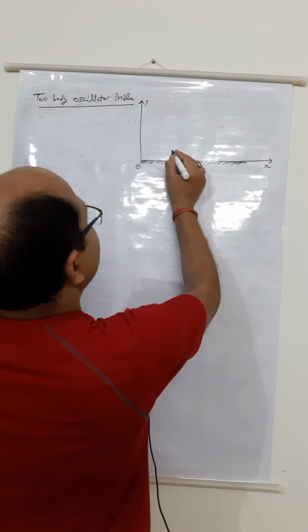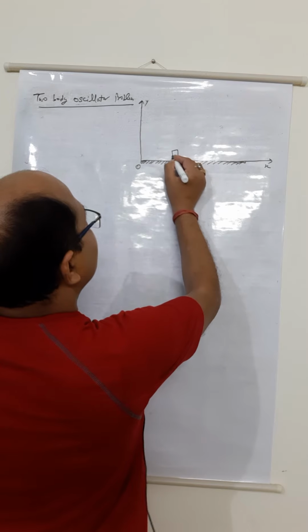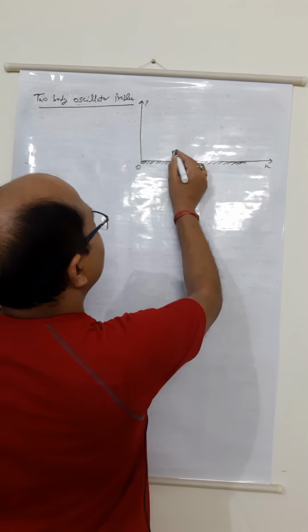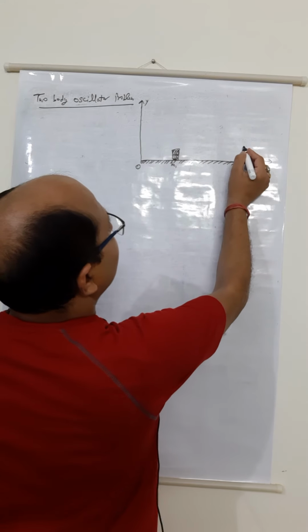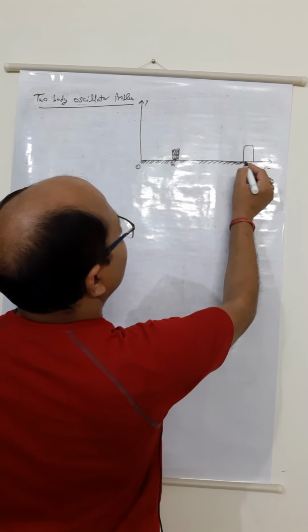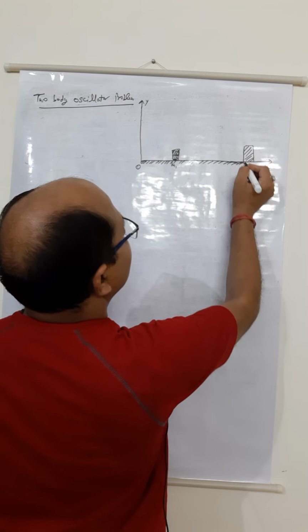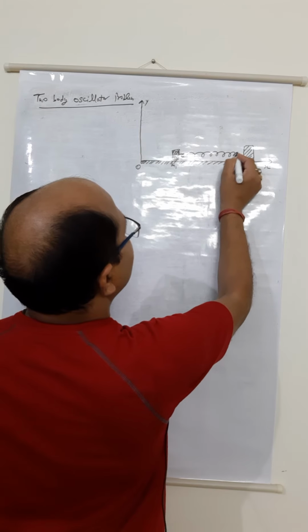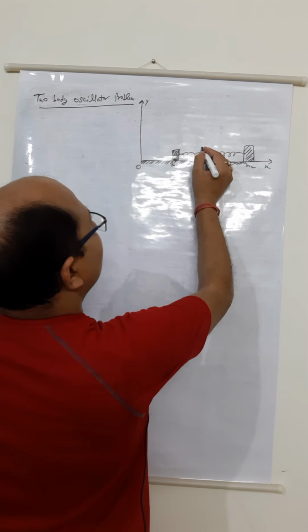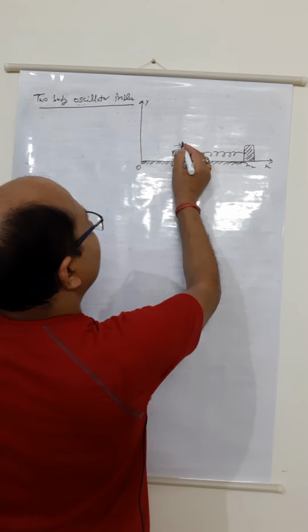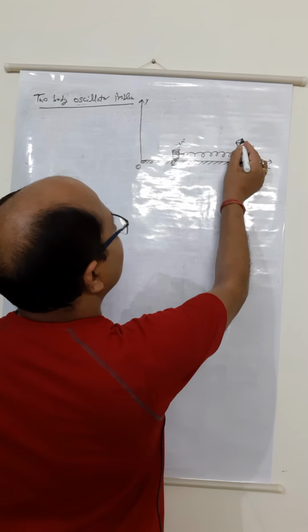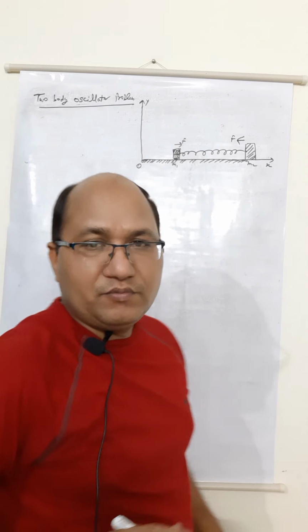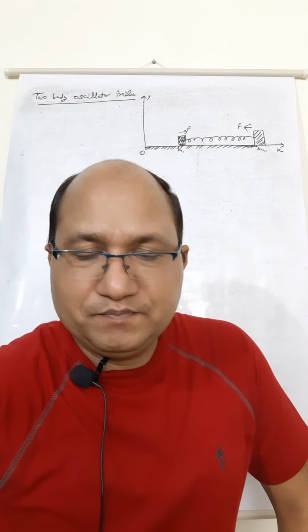There is a block of mass m1 and a block of mass m2. Both are connected by a spring of force constant K.